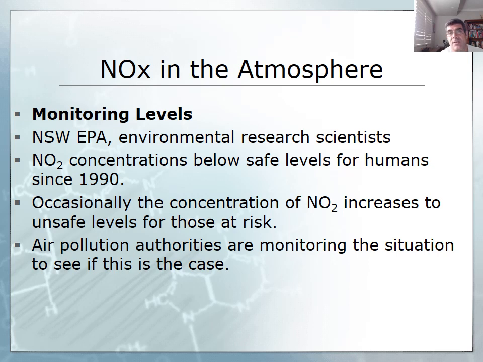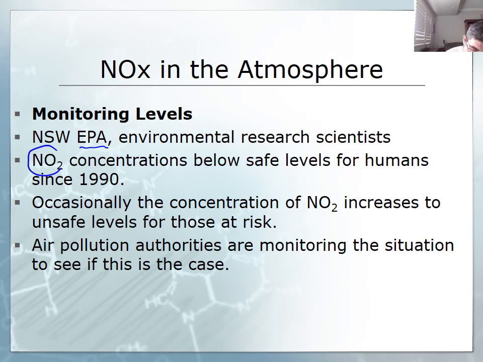In New South Wales, the Environmental Protection Agency, or EPA, has a number of environmental research scientists that continually monitor the levels of important chemicals in our soils, in our water supplies, and also in our environment. And they help to ensure that we maintain safe levels for humans.